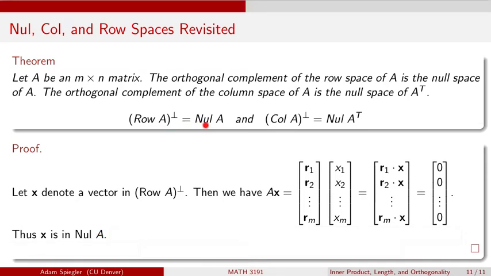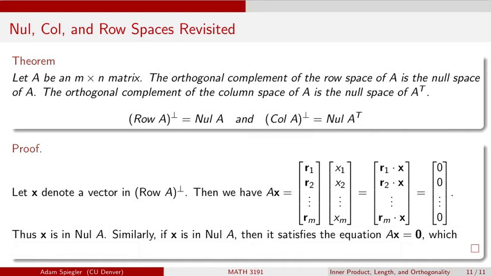And if I want to show that these two sets are equal to each other, namely that the orthogonal complement to the row space of matrix A is equal to the null space of matrix A, then we also need to show that for any vector that's in the null space of matrix A, that vector also has to be in the orthogonal complement to the row space of matrix A. And so going in this other direction follows very similar to the direction we just showed.